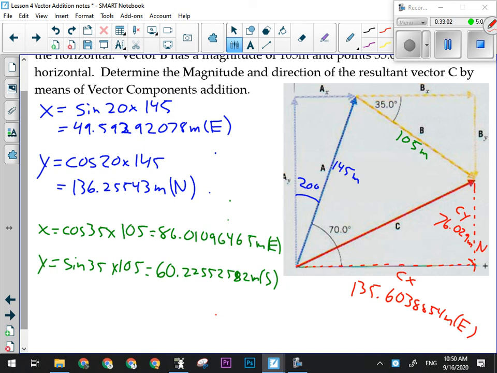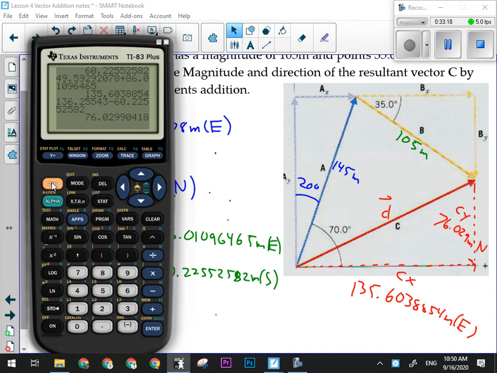Okay, now that I have those two sides, can I find how big C is? What do you think? Yes, I can. Okay, use Pythagorean theorem, and I'll get C, which represents my total displacement. All right, so second function, square root of my answer squared plus the 135.6038854 squared.